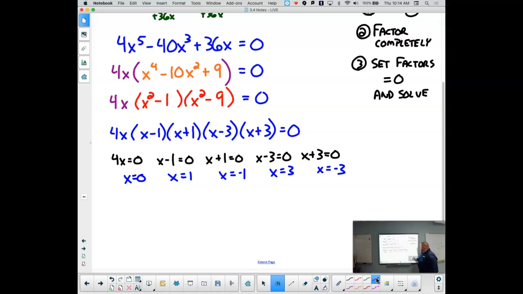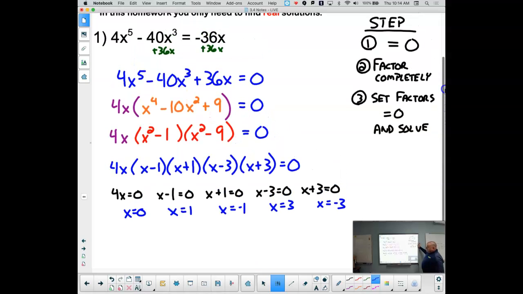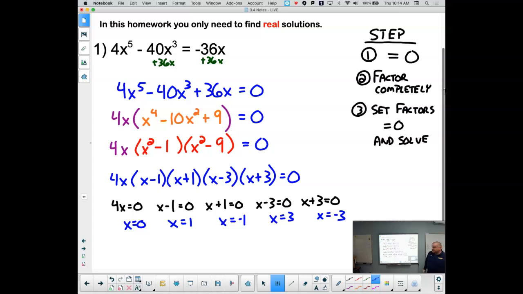Okay? Now, ideally, we would go back and we would check them in our equation. Okay? 0 is an easy one to check because anything with an x term is going to be zeroed out. So we got 0 minus 0 equals 0. That one checks out. 1 is anything to the 1, or 1 to any power is 1.